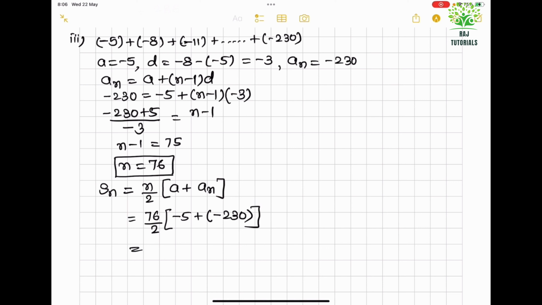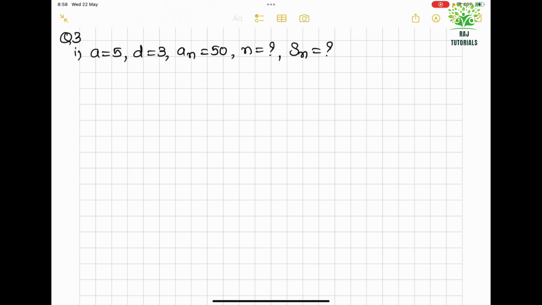So 3s are 6, 1, 8. So 38 into minus 235. So that is coming to minus 8930.